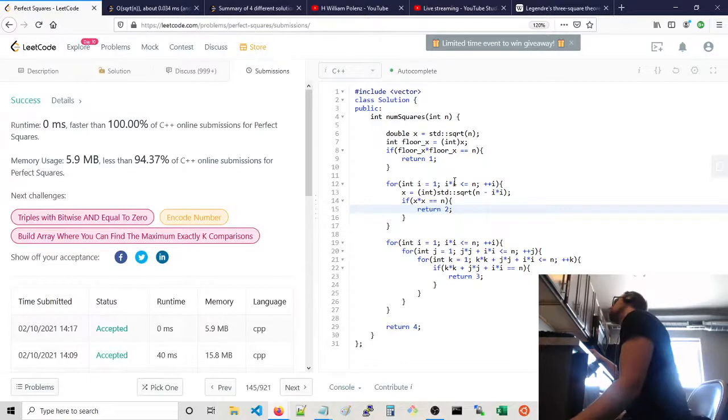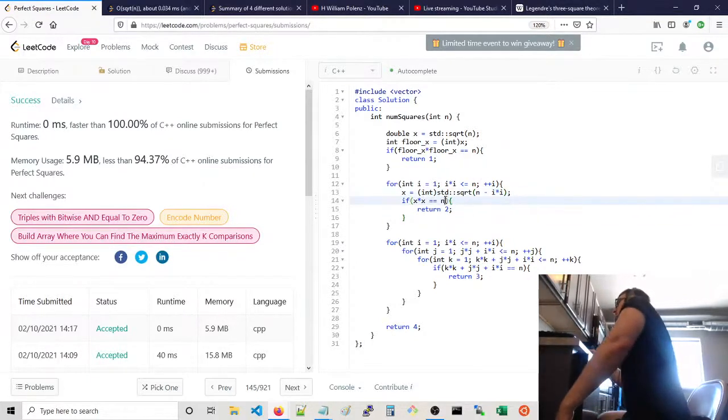Uh-oh. No, not equal to n. It's x times x equals n minus i times i.